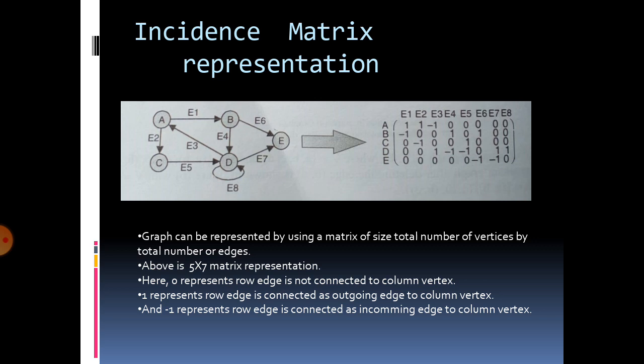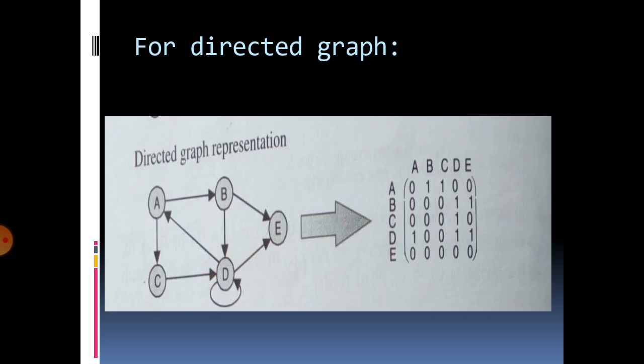Why is it -1? Because E3 has the incoming direction to A, so we have to represent it with -1. Before that, instead of -1, we represented 0. So if it is not 1, we represented 0, even for a directed graph.